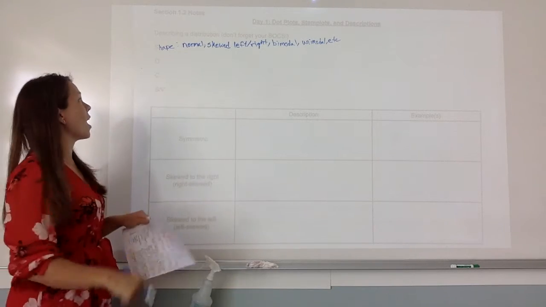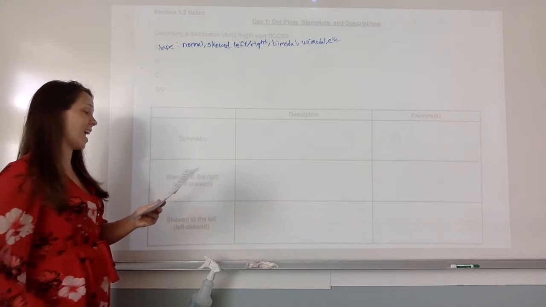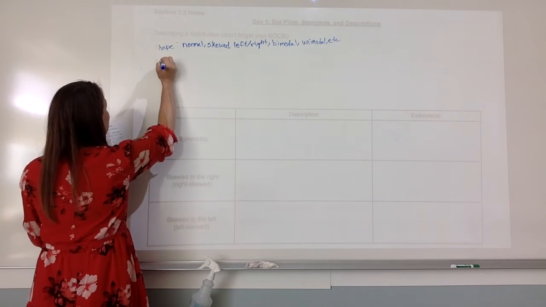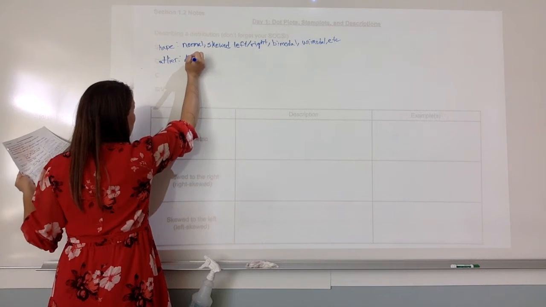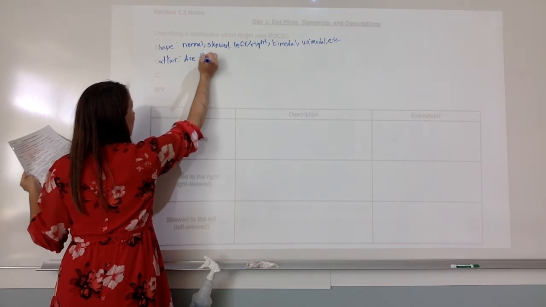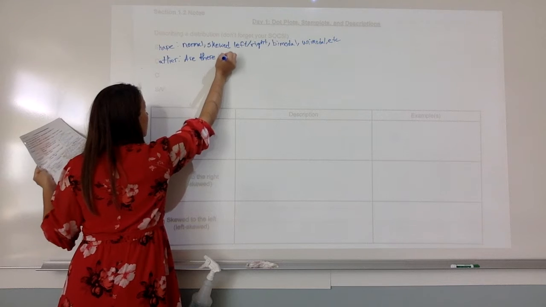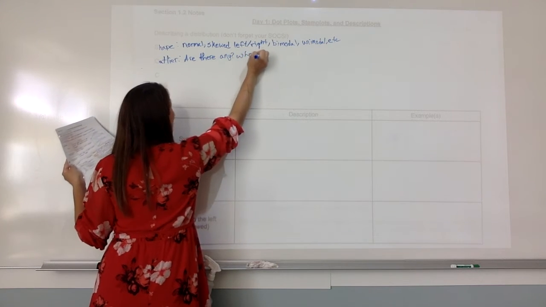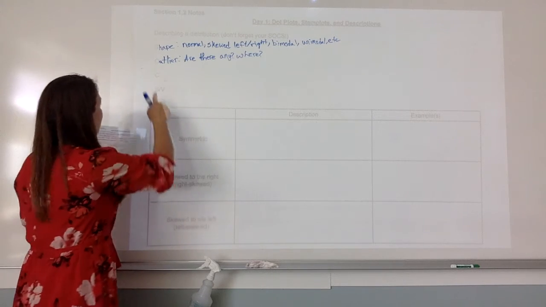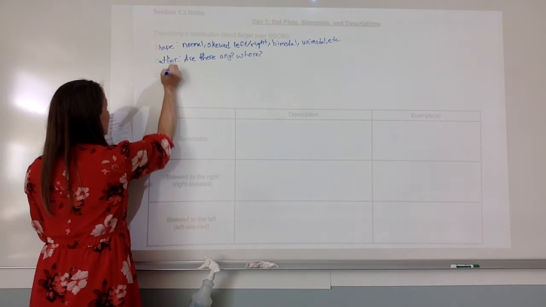The O in our acronym of SOCVA or SOCs stands for outliers. We ask ourselves the question, are there any outliers? Where? The C stands for center.